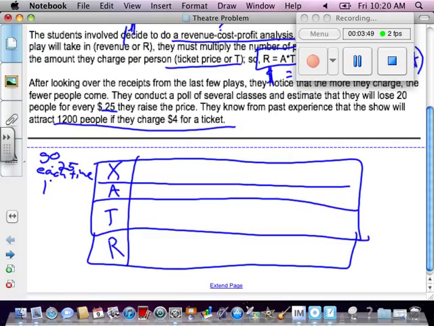A is the number of people. T is the price per ticket. And we know revenue is the total amount of money, but I'm going to put that equation so we remember it. The revenue equals A times T. That is a crazy looking T.